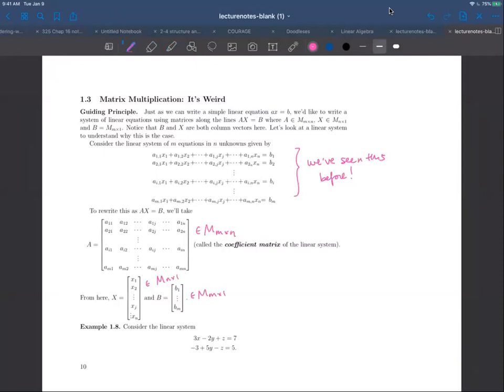That tells me that if AX is actually matrix multiplication, it forces me to define it in a certain way. So we're going to start here and talk about this little linear system and how we're going to rewrite it as a matrix equation and what that means for us in terms of how we have to define matrix multiplication.